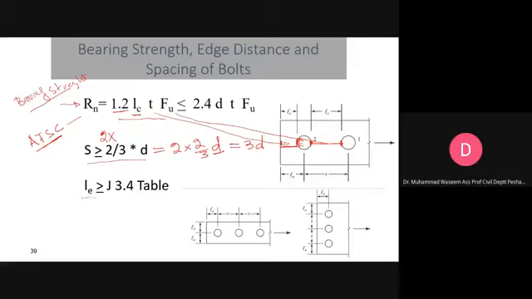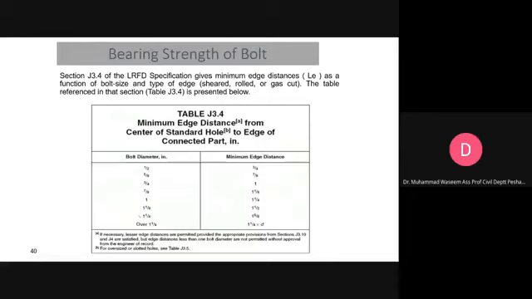What is LE? In order to avoid the tearing failure, LE is the distance from the centroid of the bolt to the edge of the plate. This one, and this one. To get this minimum distance, you have to go to table number J3.4 in AISC. I know you cannot go to this specification, so it is here in this slide. This is that table. If the bolt diameter is 1/2 inch, LE should be at least 3/4 inches.